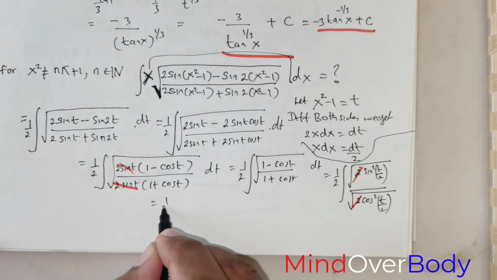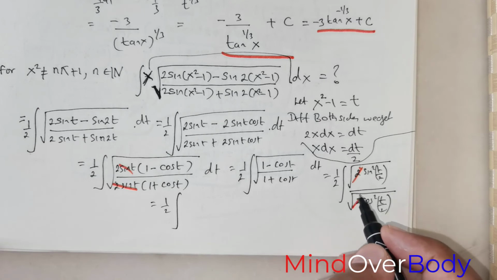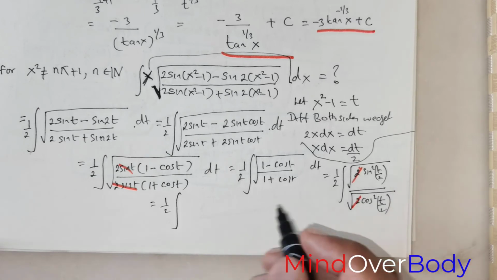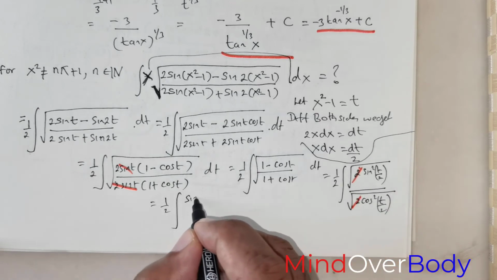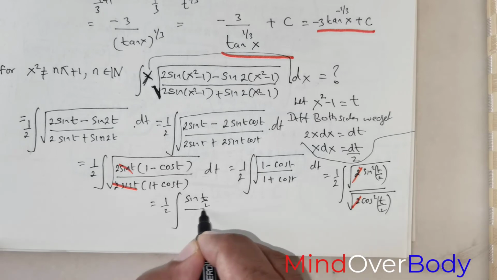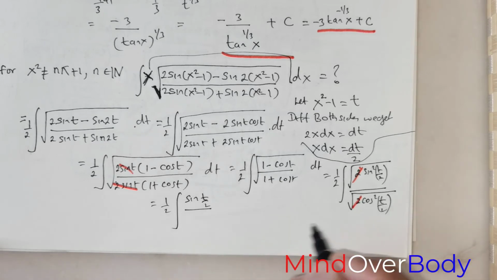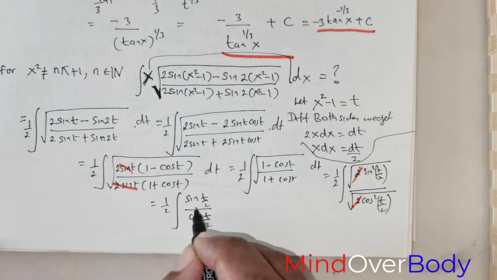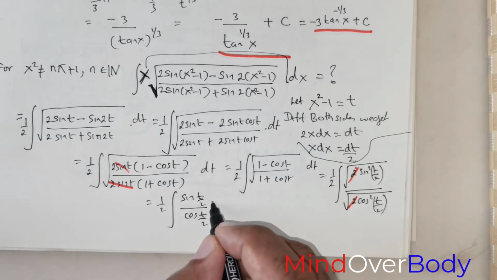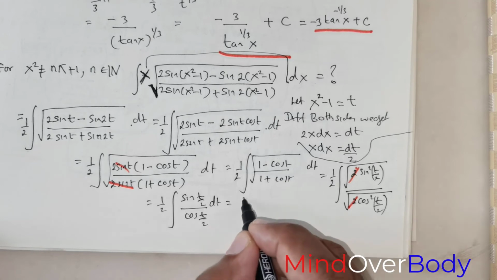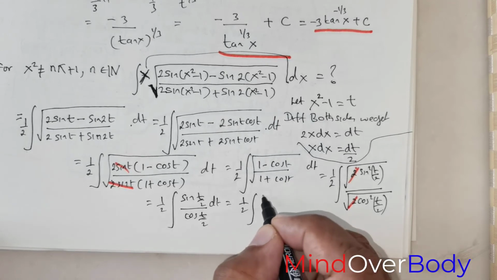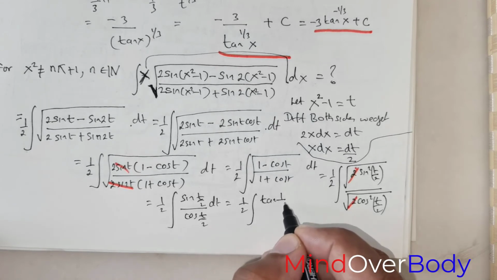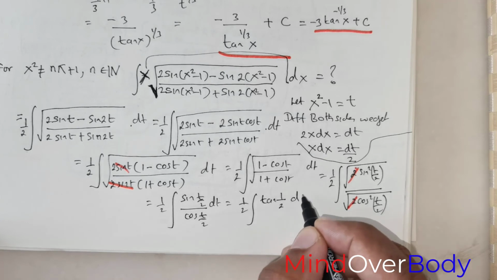and this is equal to 1 over 2 times integral. Now square root of sine squared t over 2 is sine t over 2, square root of cos squared t over 2 is cos t over 2, sine t over 2 over cos t over 2 would give me tan t over 2 times dt.